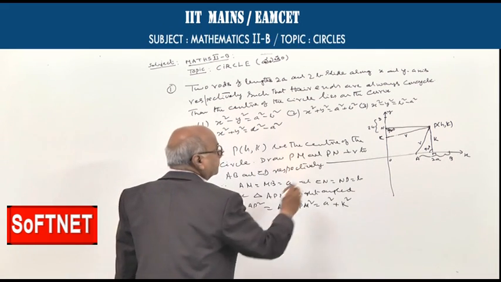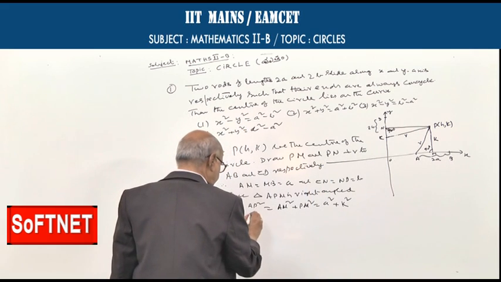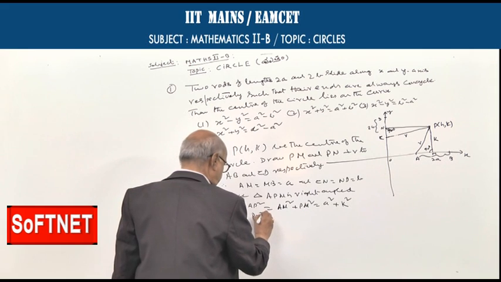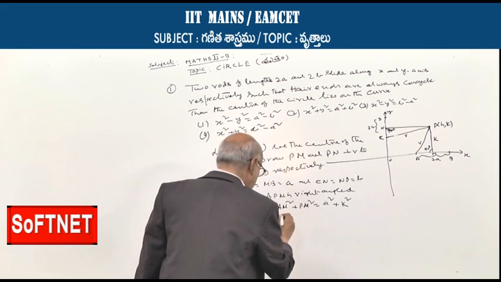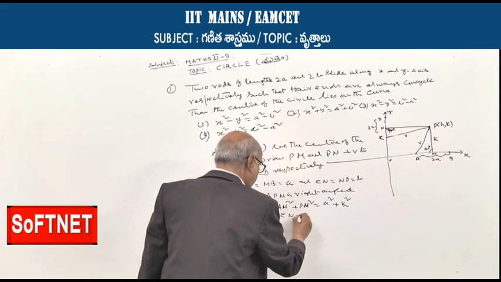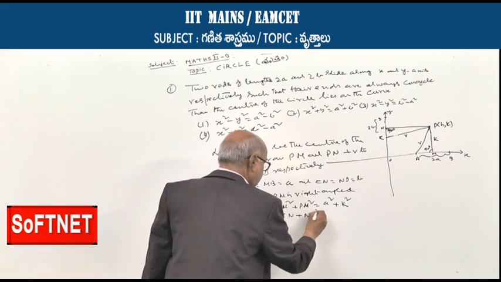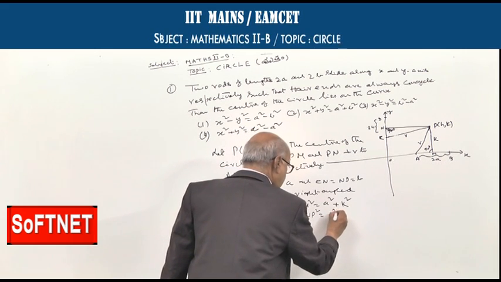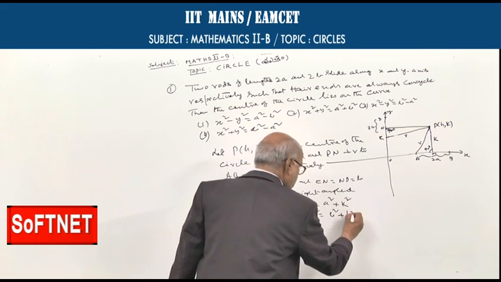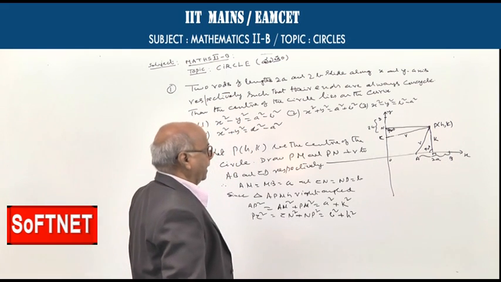Similarly, PC square is equal to CN square plus NP square, so this is b square plus h square.